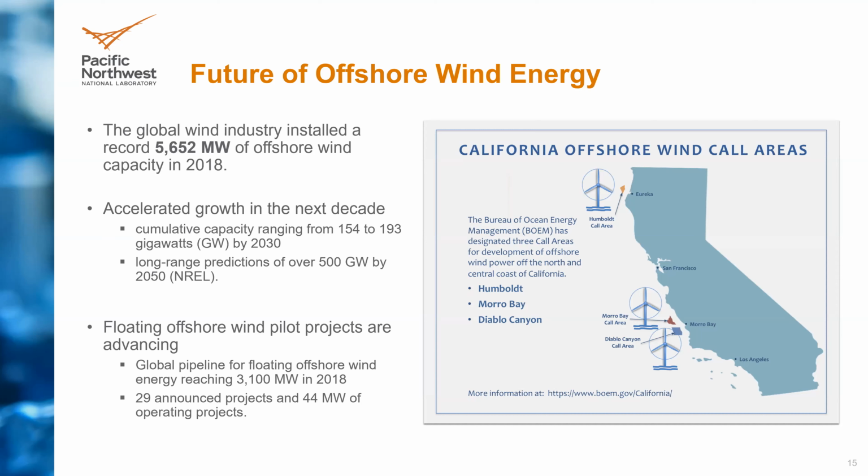The global pipeline is about 3,100 megawatts, with about 29 different projects announced and 44 megawatts of operating projects. So there's a lot more in store for offshore wind resource characterization, and trying to understand this is just the beginning of how the US is going to change its energy portfolio in the coming years.